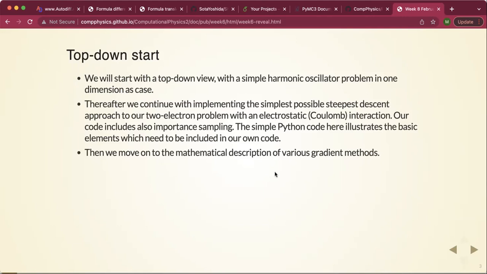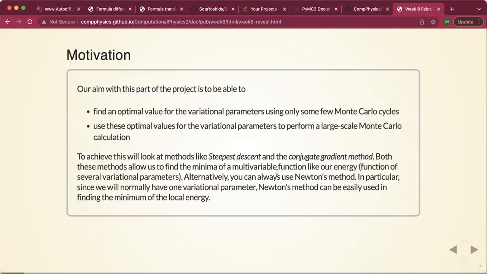So then we're going to move on, as I said, to mathematical descriptions. So this is a kind of approach. First, we look at what we need to program and how we can implement it. And then when we're done with that, we are going to dive more into the mathematics here. So feel free to ask questions. I mean, unmute yourself or place some questions in the chat if you have some.